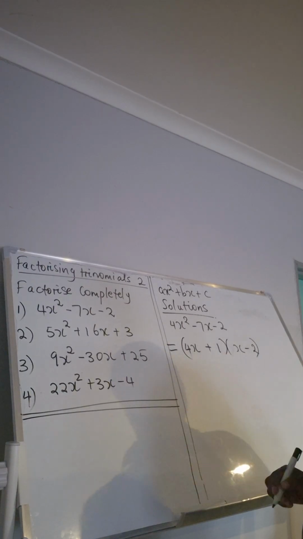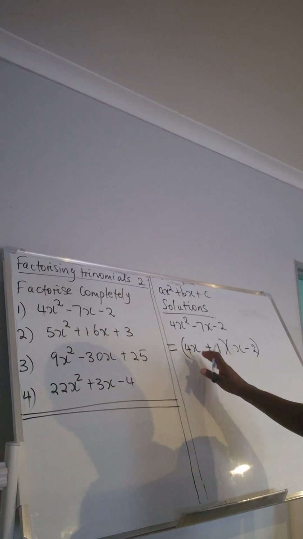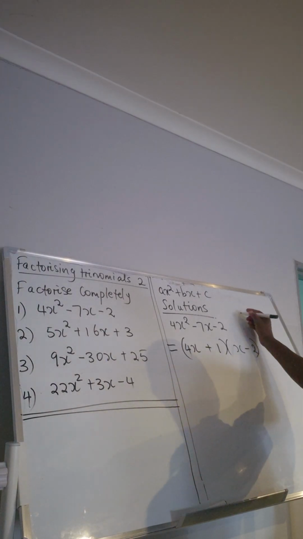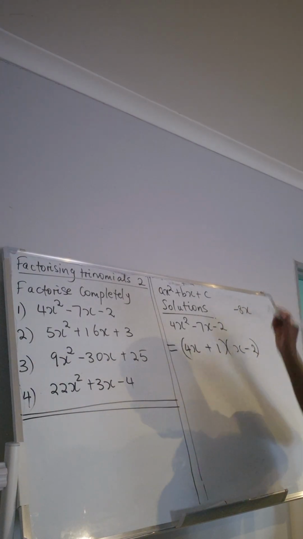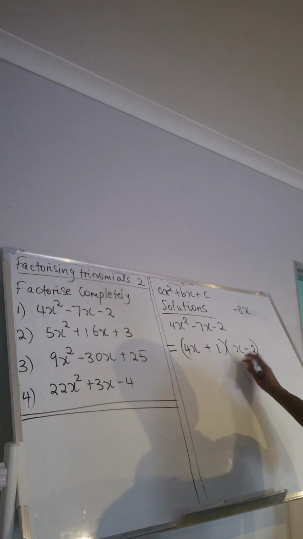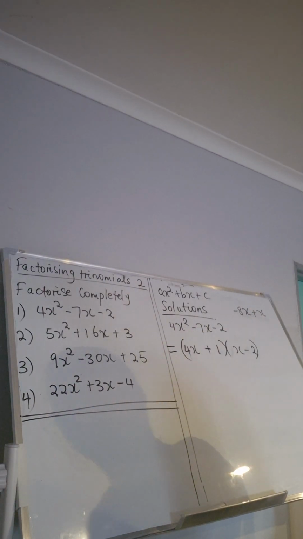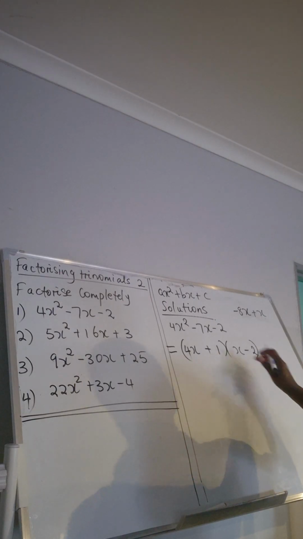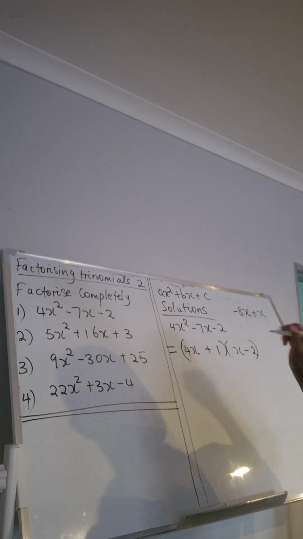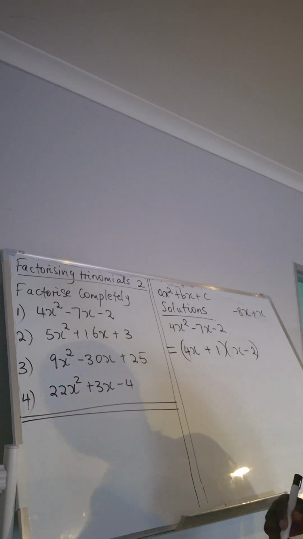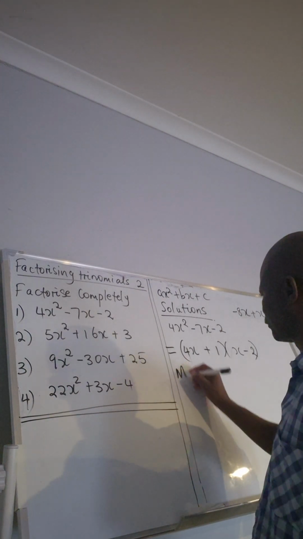Negative there, positive there. So now let's try. 4x times minus 2 is minus 8x. Then 1 times x is plus x. And it gives you negative 7. So this is the solution to this. But this one is trial and error. Right. Method 2.